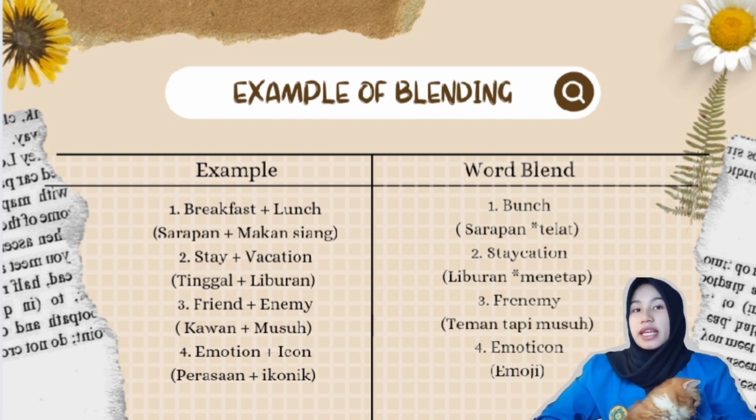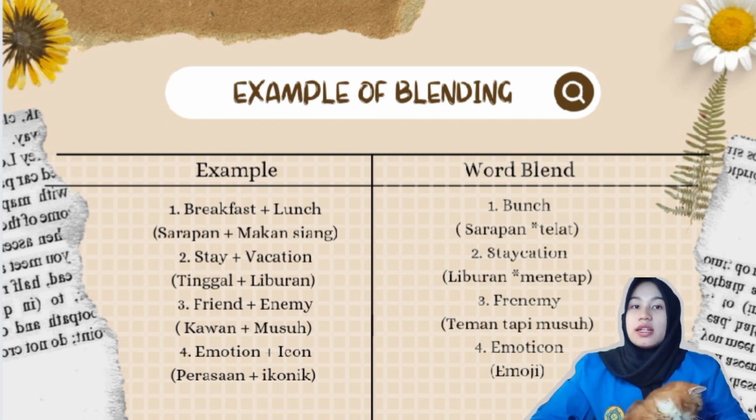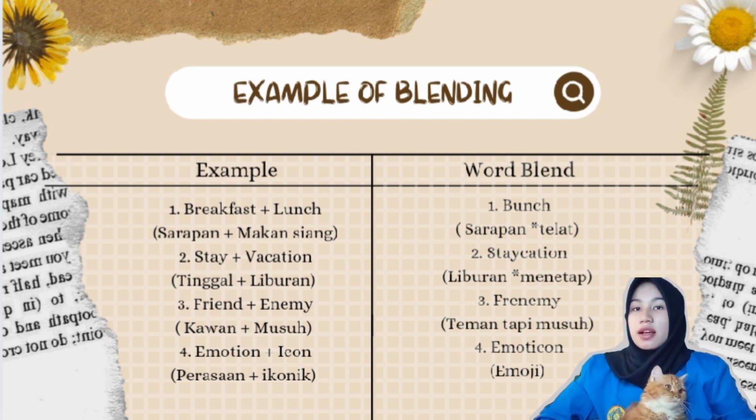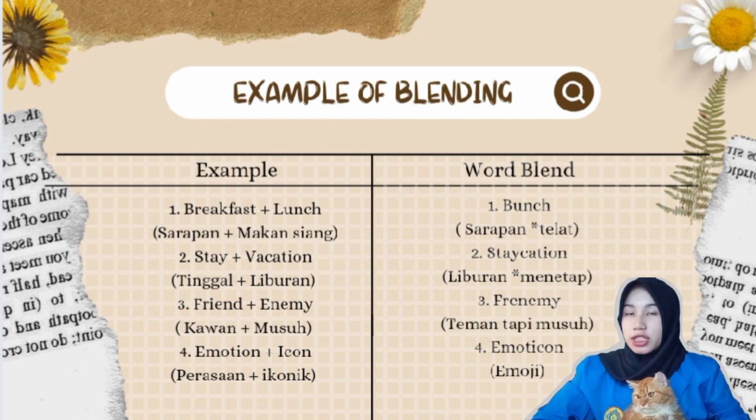And the second is staycation, from the words stay and vacation. And the third is frenemy, from the words friend and enemy. And the last is emoticon, from the words emotion and icon.